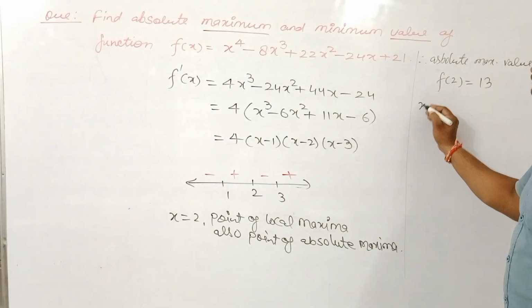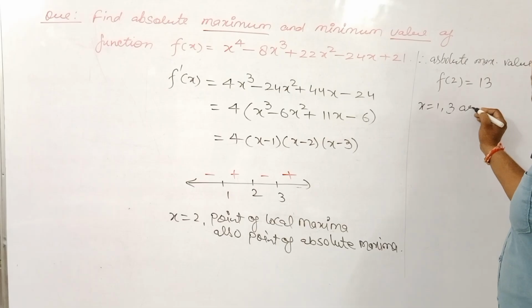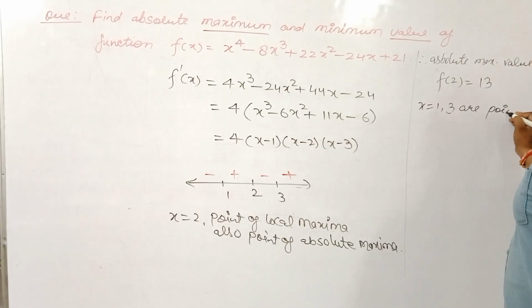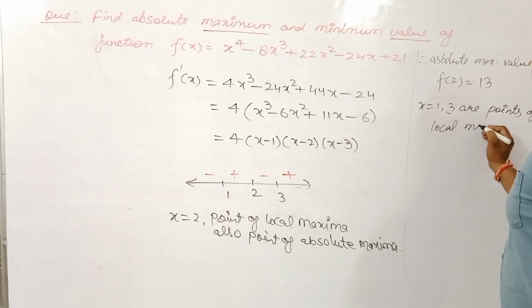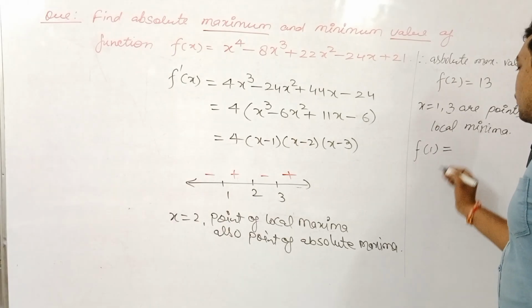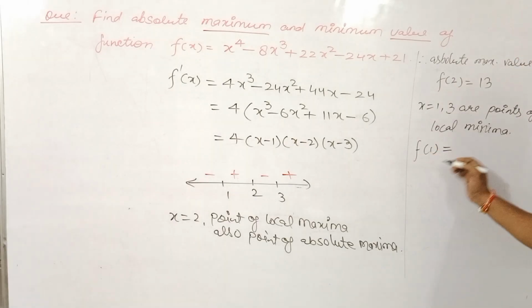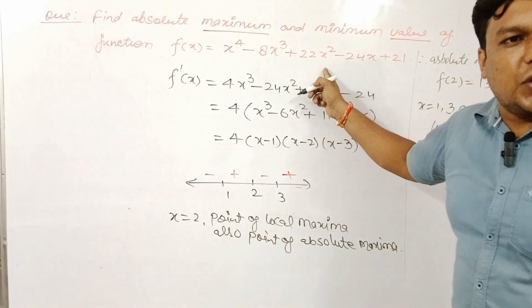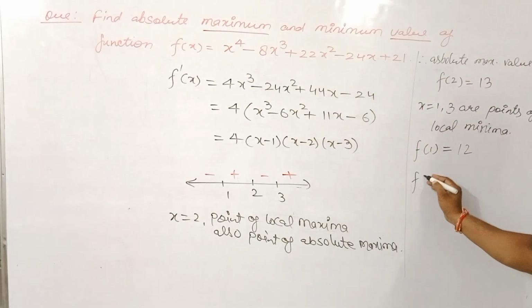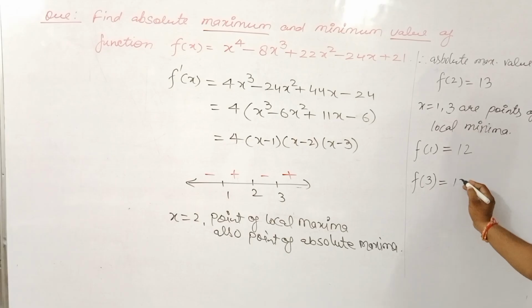Now these two points are points of local minima: x equals 1 and 3. If we find the minimum value, how will you find it? Find f of 1 and f of 3. When you find f of 1, it is 12, and fortunately f of 3 is also 12.